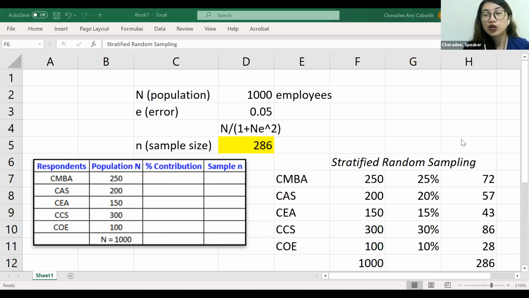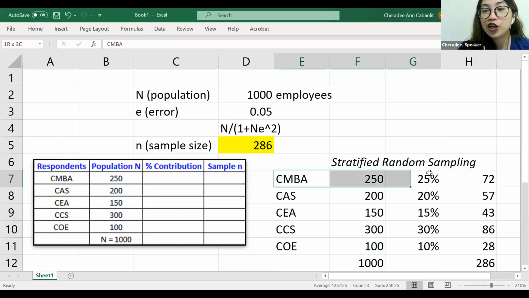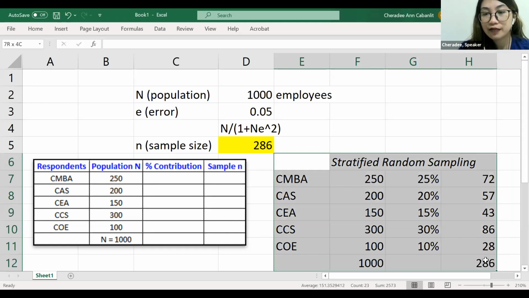That's why it's a tool in quality. Pareto still uses contribution, but if your goal is only to prioritize which group you are giving the questionnaires to, then that will be Pareto. But in this case, this is stratified random sampling. Question so far?